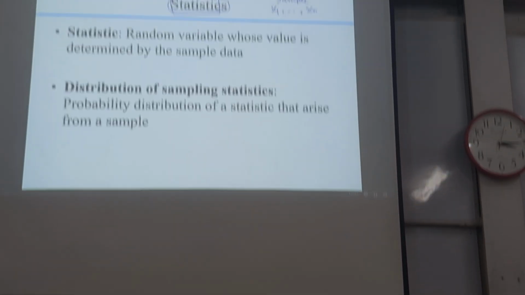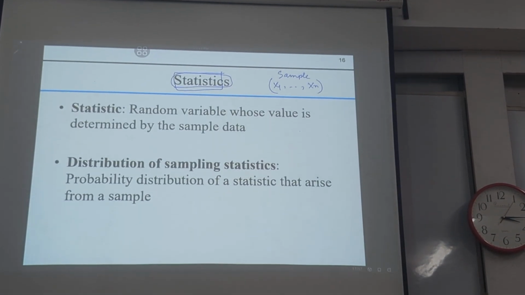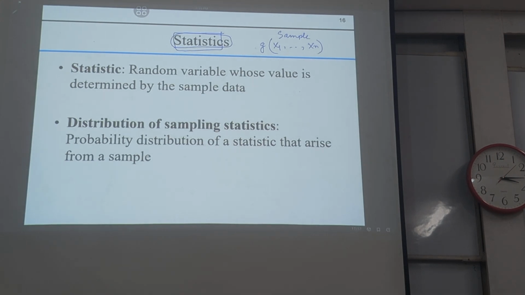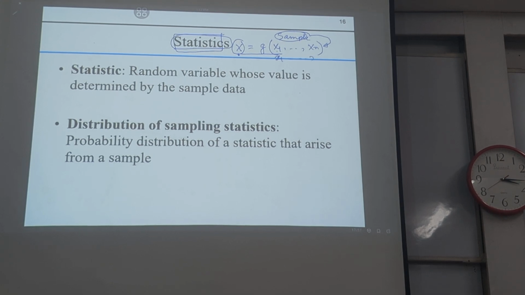And if we can define any function, then this one will also be a random variable. These random variables are not actual random variables, they are part of a random sample. If we define a function of the sample elements, eventually this will be replaced by X1 to Xn.